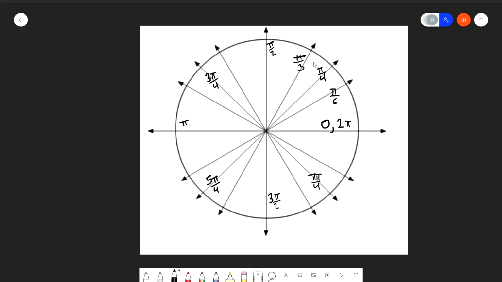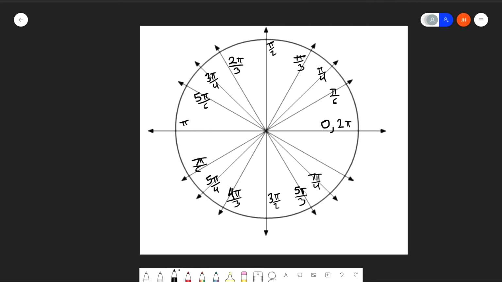And then finally we could do the pi over 6's. I've got 1/6, 2/6 is 1/3, 3/6 is 1/2, 4 over 6 is equal to 2 over 3. 5/6, so 5 pi over 6. 6 out of 6 is a full pi. 7 out of 6, so 7 pi over 6. 8 over 6 can simplify to 4 pi over 3, though, right? 9 out of 6 is 3/2. 10 over 6 can simplify to 5 over 3.